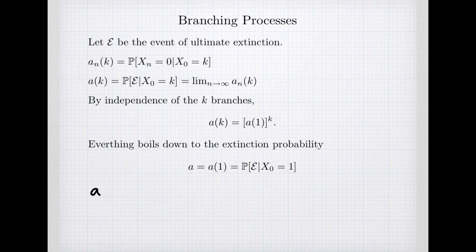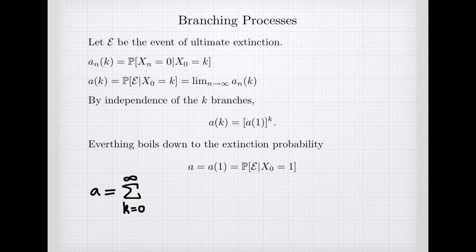And so we're going to do the sum over all possible first steps. So how many offspring we have. K is going to go from 0 to infinity.